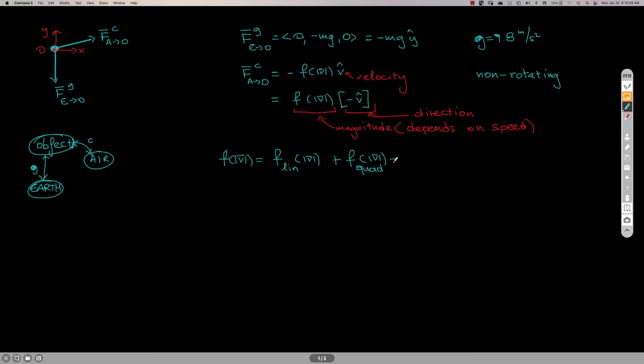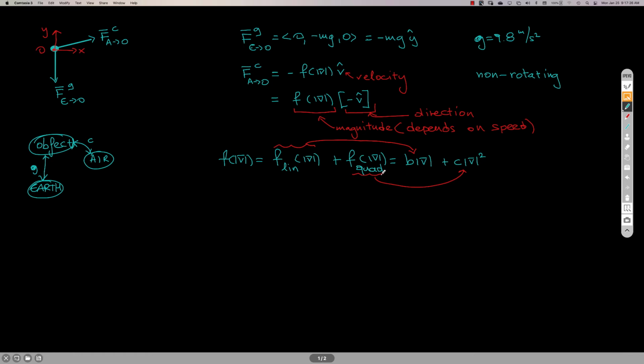Now I will write those two. So b times the speed, this is the linear term, plus c times v squared, this is the quadratic term. So this corresponds to that, and the linear term corresponds to this one.